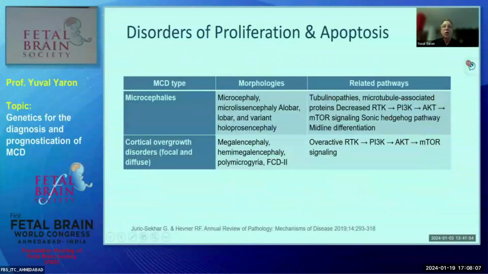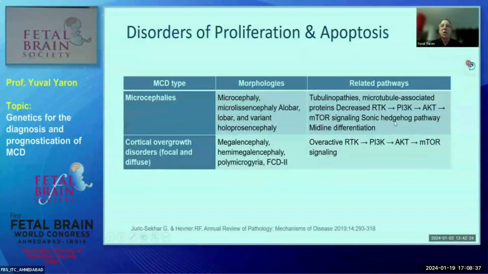So going back to the three different types of malformation, different causes, first let's talk about some examples of disorders of proliferation and apoptosis. First, if we look at the microcephalies and the different types, a good example would be a decreased function or decreased activity of the mTOR signaling pathway or the sonic hedgehog pathway.